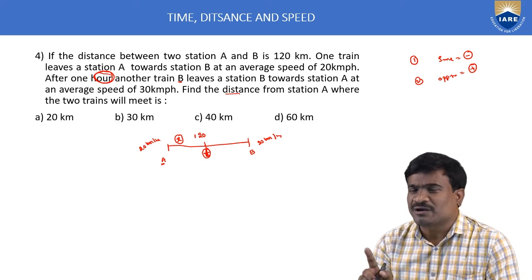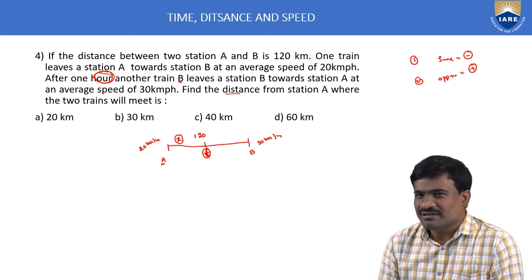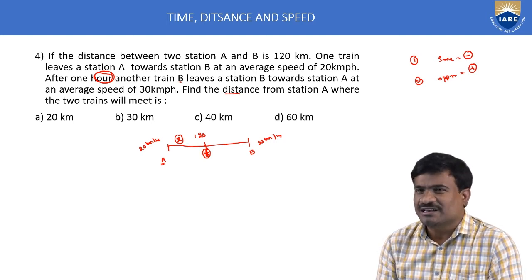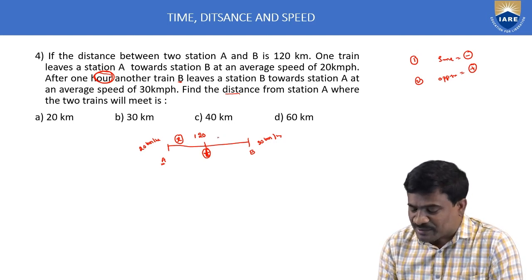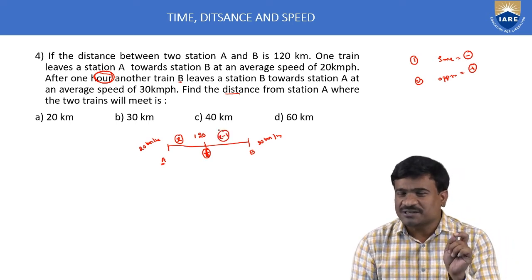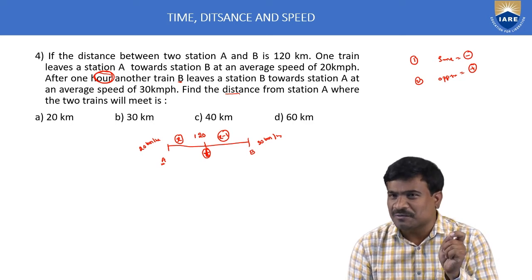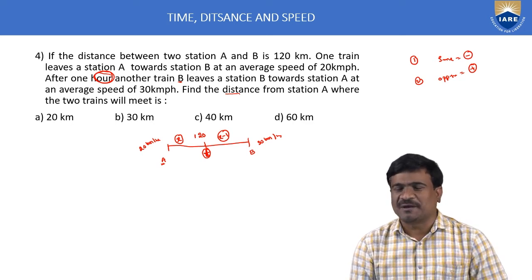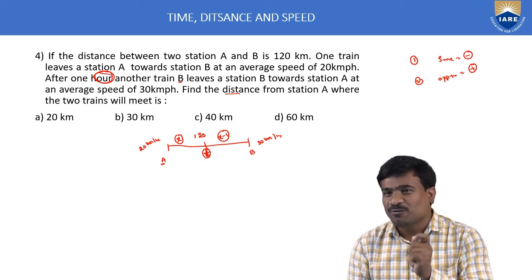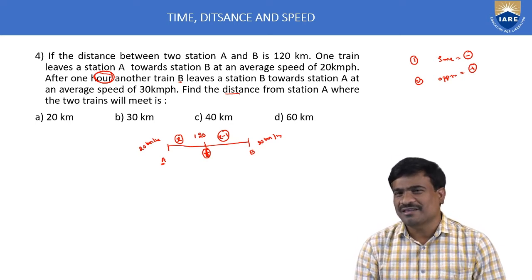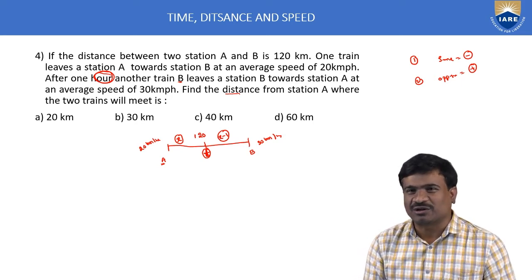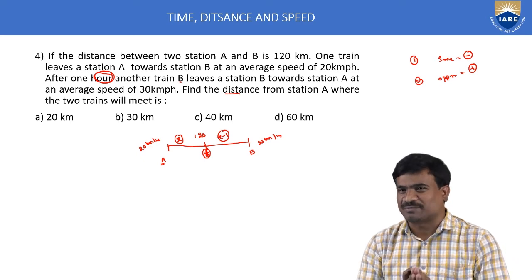Here B takes 1 hour less than A's time. A's time up to the meeting point is X hours, then B's time is X minus 1 hours, but not X plus 1. B takes 1 hour less than A's time, so A's time is x and B's time is x minus 1.